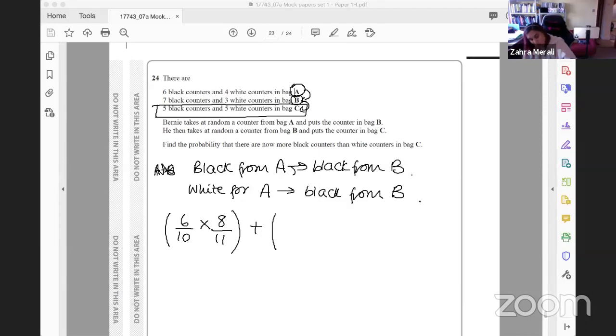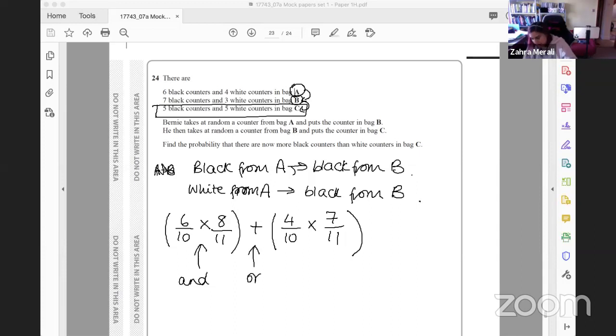Or, which is a plus, so remember, and is times, or is plus. We can have a white from A, so that would be 4 out of 10. And now I've put that white counter into B, so now B has 11 counters, but there's still only 7 black counters.